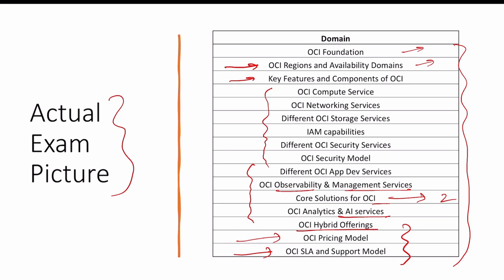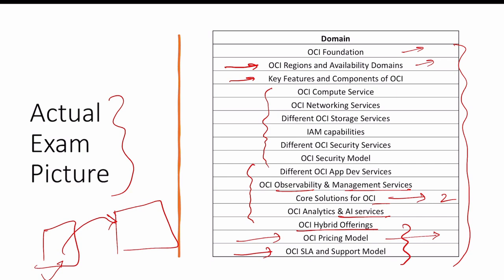The pricing model is very simple in OCI, every region has the same pricing. If we talk about ingress or egress traffic, how is the pricing calculated? Ingress is totally free in OCI, and egress within the region is also free. But when the traffic is going outside your region, like you have one region and another region and your traffic is moving outside your region, then you need to pay for this.